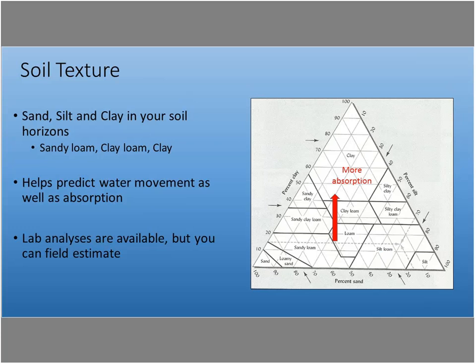Sand is the largest, clay is the smallest, and silt kind of splits them down the middle. Everything less than 2 millimeters in size is considered to be soil, and anything over that is rock. So when you get a texture, you're just thinking about things that are incredibly small, less than 2 millimeters in size, actually represent soil. And all these different textures, like sandy loam and clay, are a makeup of these three different particle sizes.